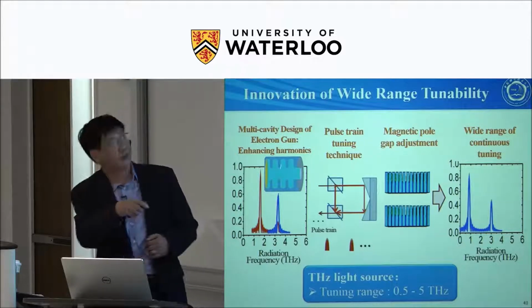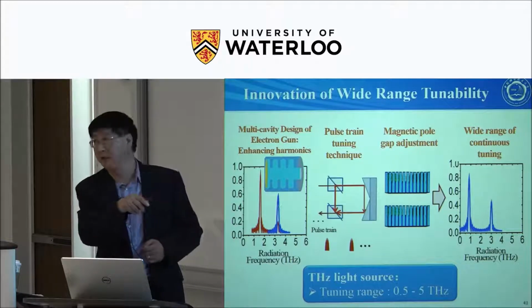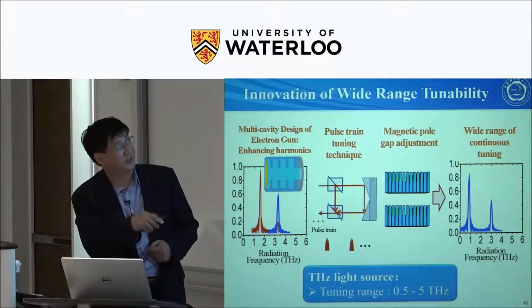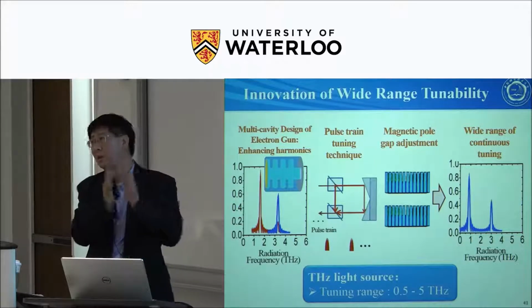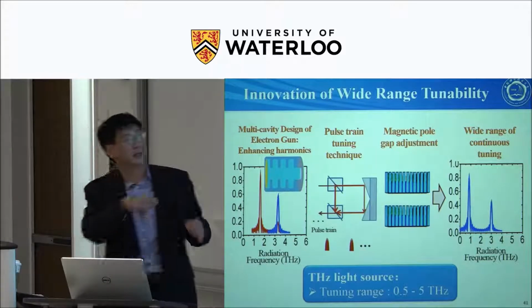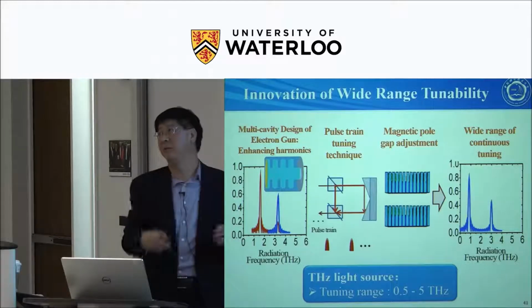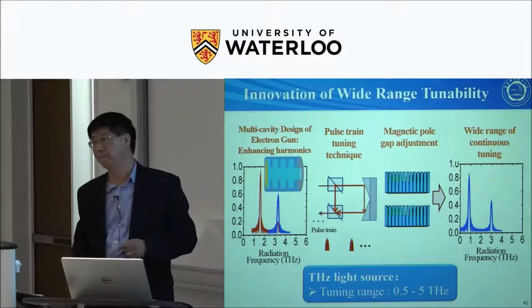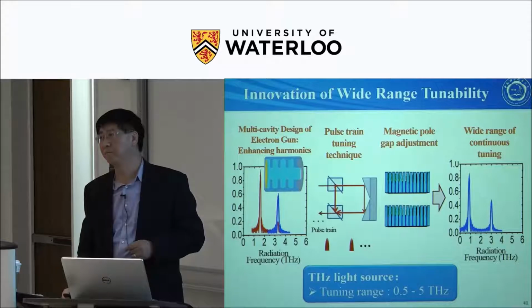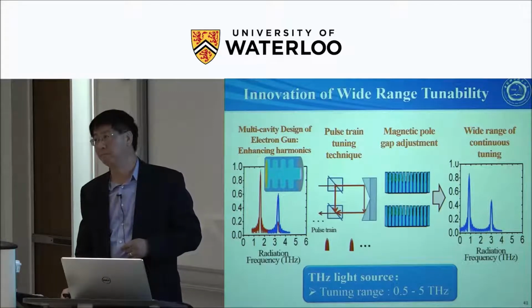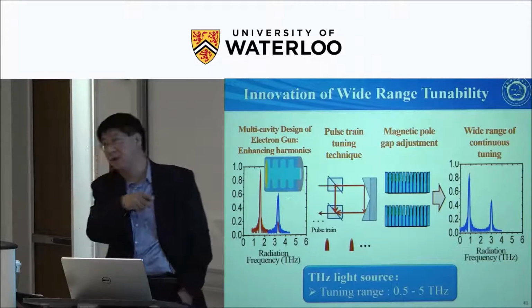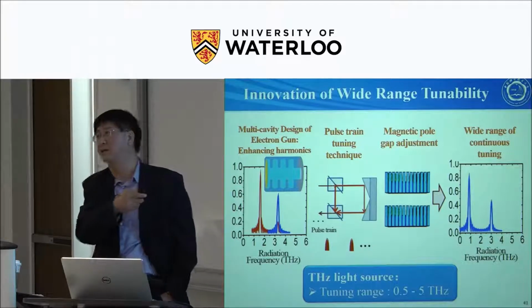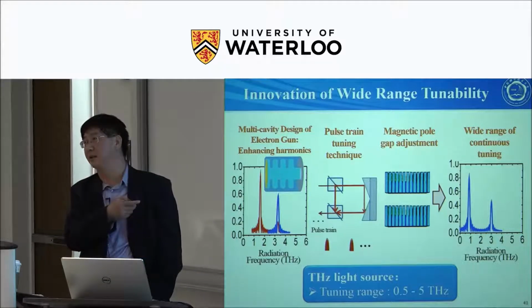Then what we did is design these electron guns so we can enhance our harmonic. Then we use the second harmonic, so we can broaden this tuning range here. Yeah, I like how you maintain that same narrow frequency at higher. This one can only be built in one place right now, Tsinghua University in Beijing.